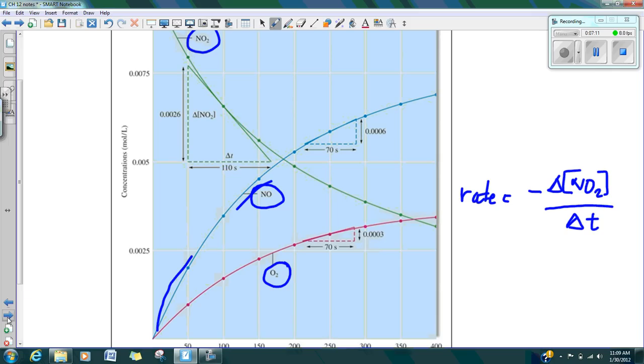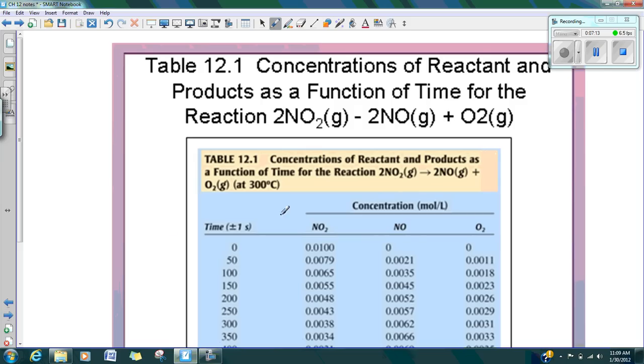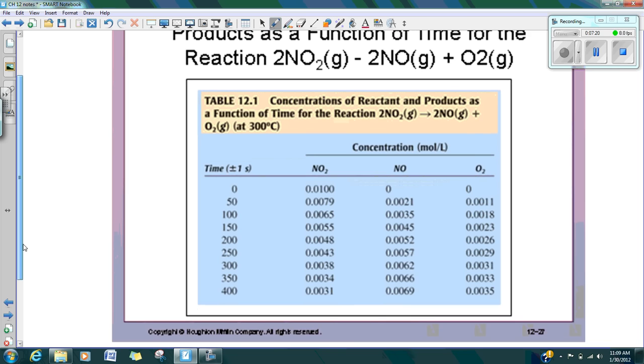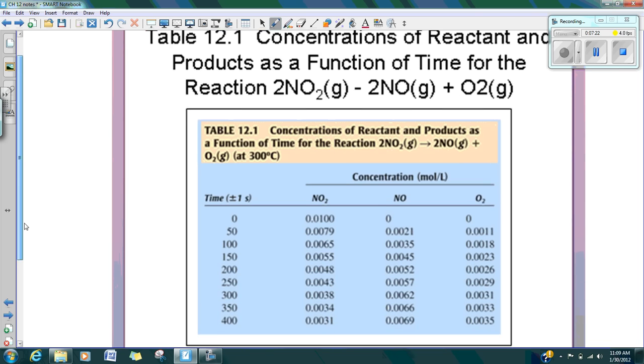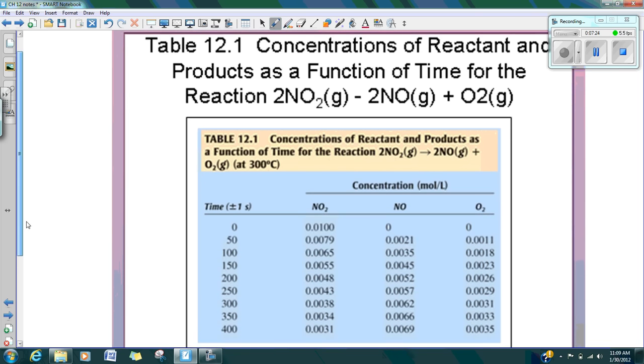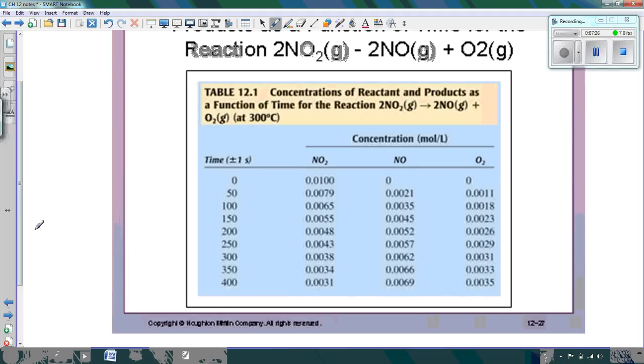And then the next chart that we have on here that also follows along with your book, you can see that if I look at the values experimentally, it says concentration of reactants and products as a function of time. It's the same equation that I had written there before, products over reactants there.